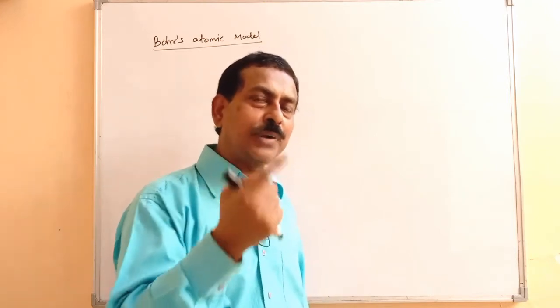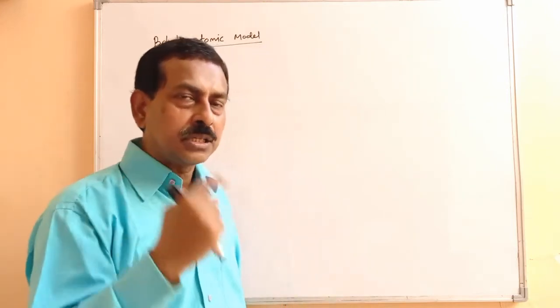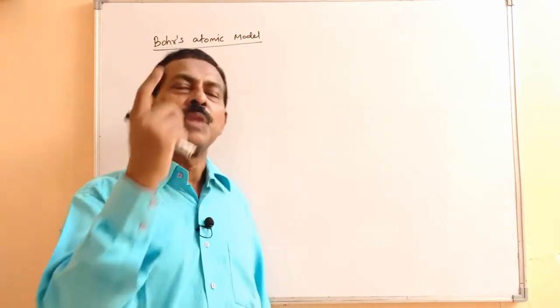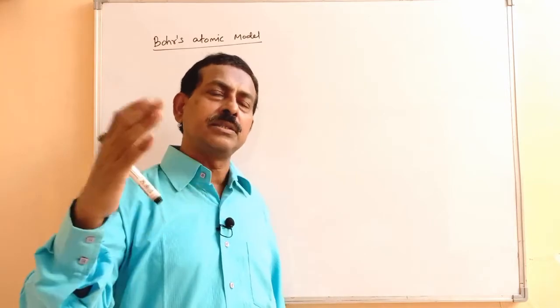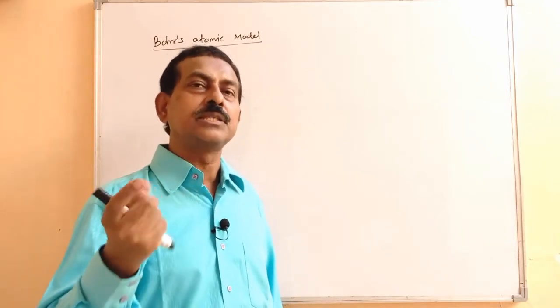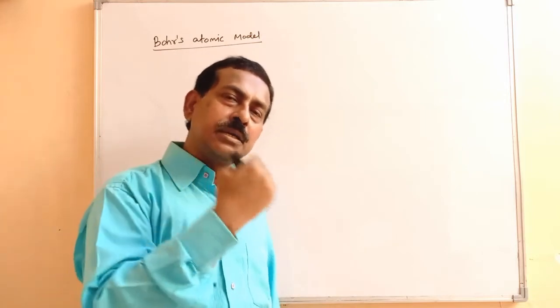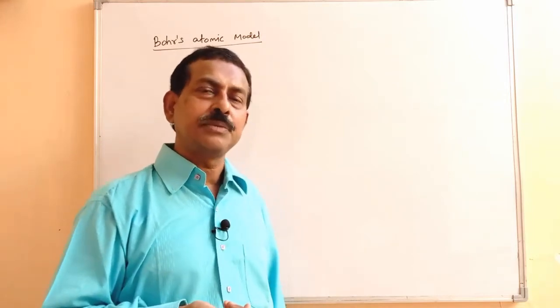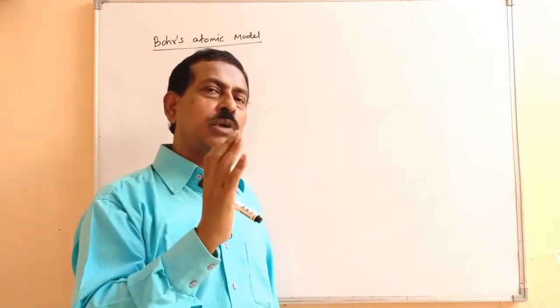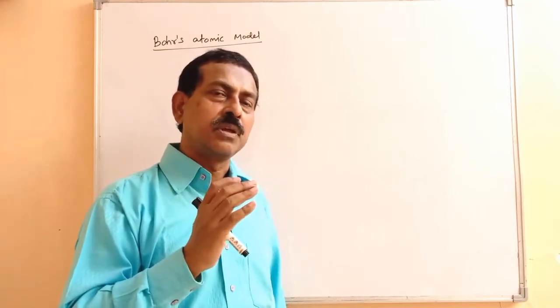But then he modified it. In Rutherford's atomic model, Rutherford said that electrons are orbiting around the nucleus in different circular orbits, where the centripetal force is provided by the electrostatic force of attraction. Bohr has assumed that any particular orbit is not possible.